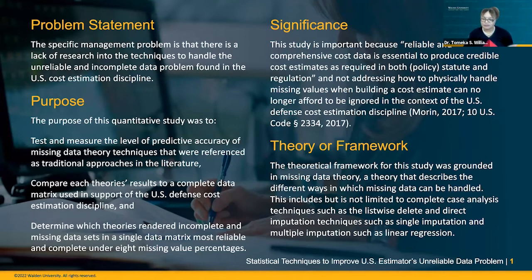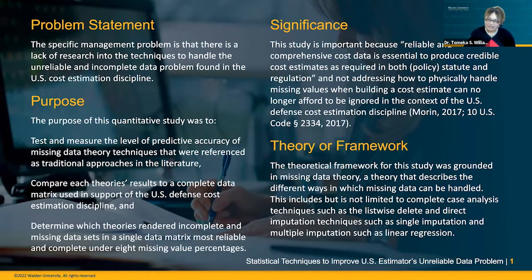But like Little and Rubin, a critical theorist who actually talked about missing data theories as early as the 1970s, and missing data is such a big problem today that they even redid their theory in their book in 2021. So that's showing that it's a significant problem.